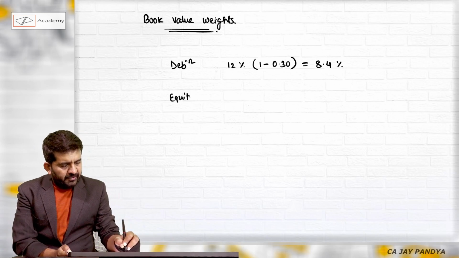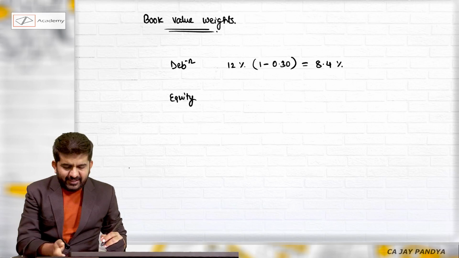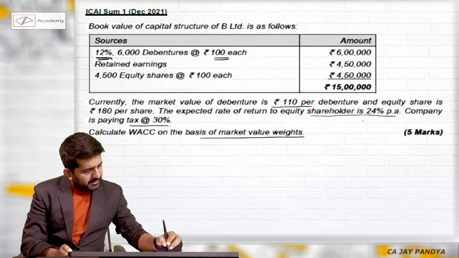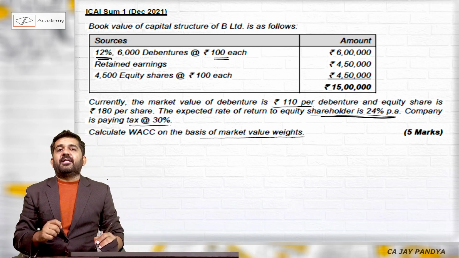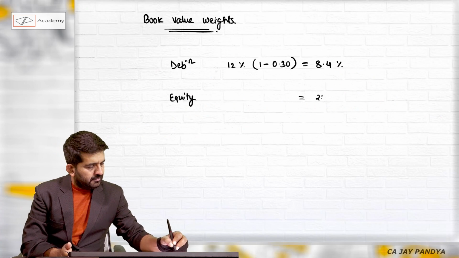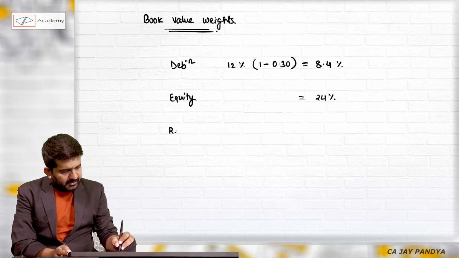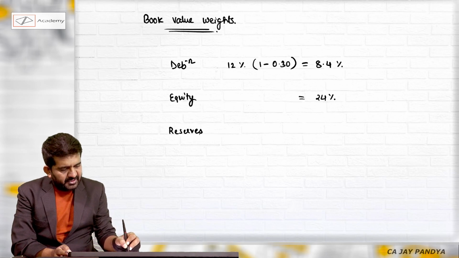Let us go to equity. What will be equity is nothing but whatever is given. Expected rate of return of equity shareholders is 24%. And cost of reserves.